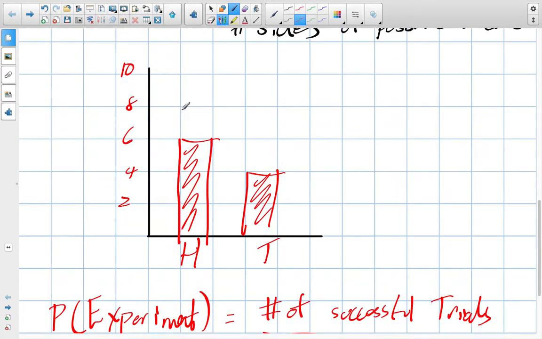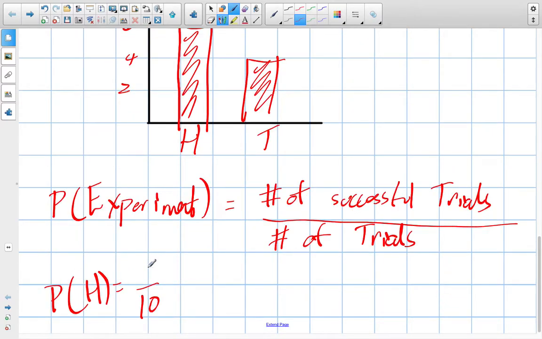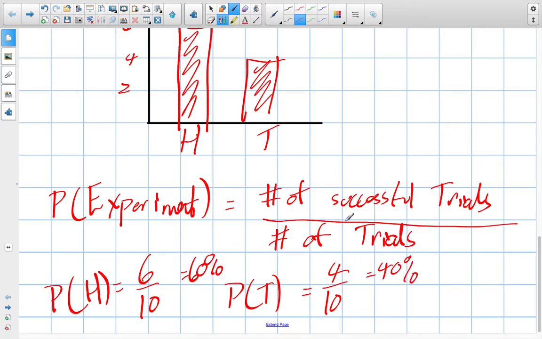The number of successful trials, well, we got 6 heads. So the probability of heads in this experiment was 6 out of 10, and the probability of tails was 4 out of 10. That means this is a 60% likelihood, and this would have been a 40% likelihood.